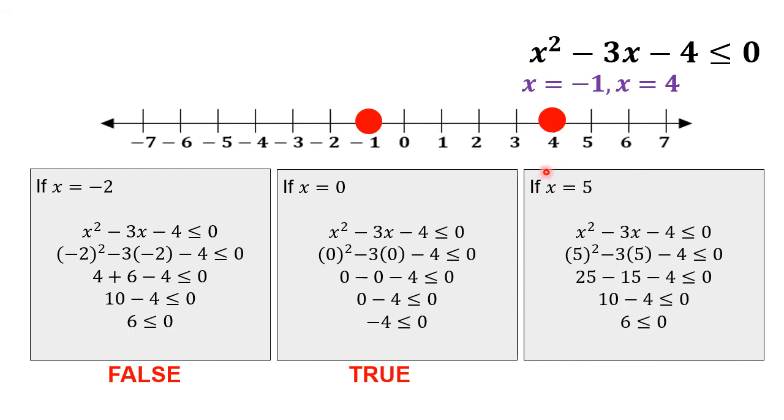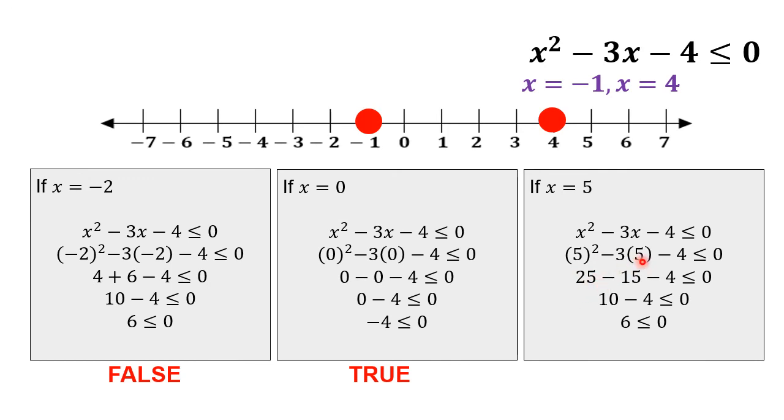Next. Pili tayo ng isa rito. So, let's say that is x is equal to 5. Pwede naman si 6, pwede din si 7, pwedeng si 8. Okay? So, if x is equal to 5, so yung x, papalitan natin ng 5. So we have here 5 squared minus 3 times ang x na 5 minus 4, is it less than or equal to 0? So 5 squared, that is equal to 25.